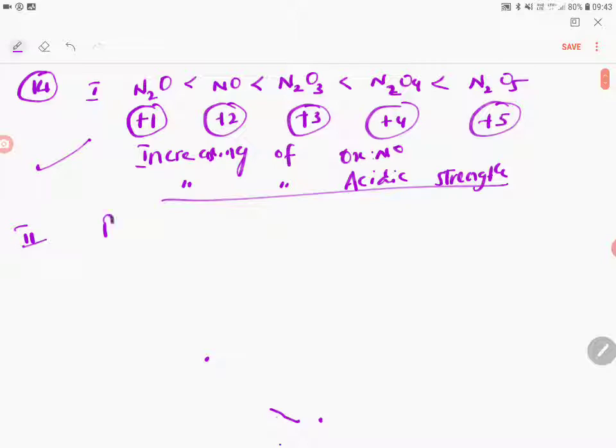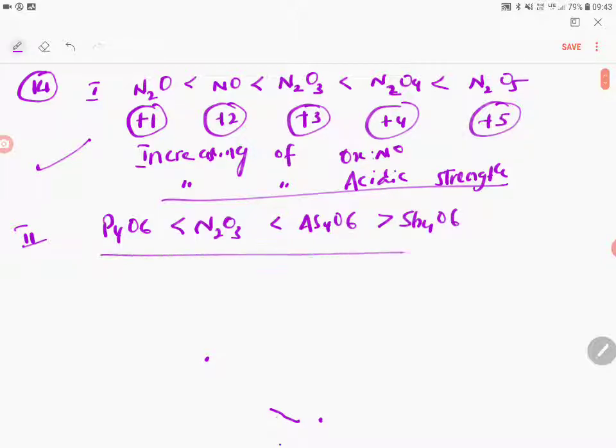What is given is P4O6, N2O3, As4O6 greater than Sb4O6. They say that this is the acidic strength of oxides.